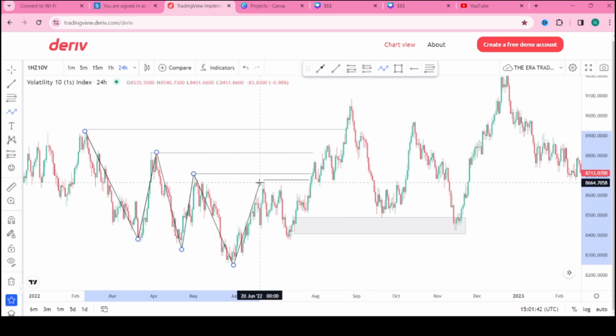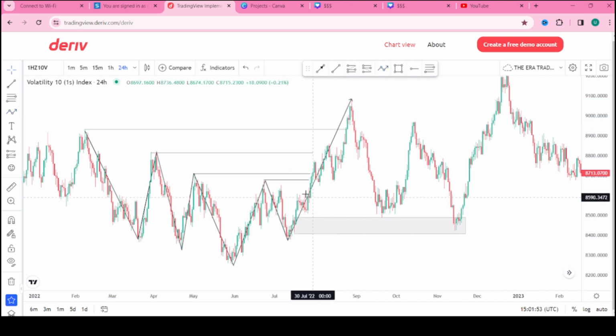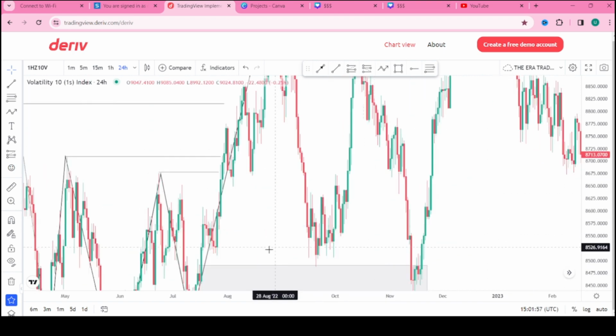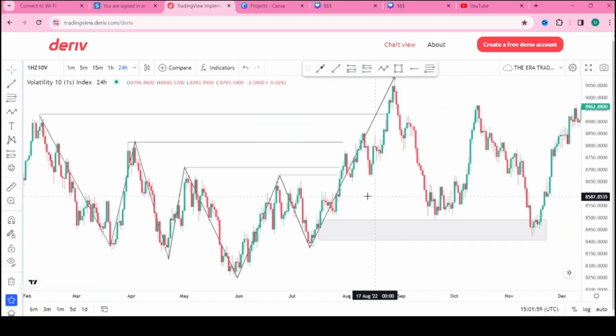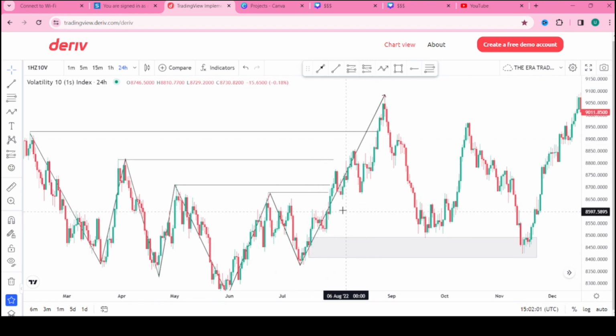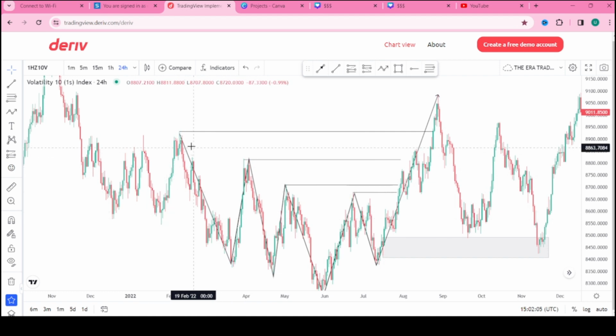Then we saw a refusal to break this low in continuation of the trend, and we saw the shift up. That momentum broke this structure. You can see the momentum of buyers from this point. The buy candles were very strong, and it took out this structure.